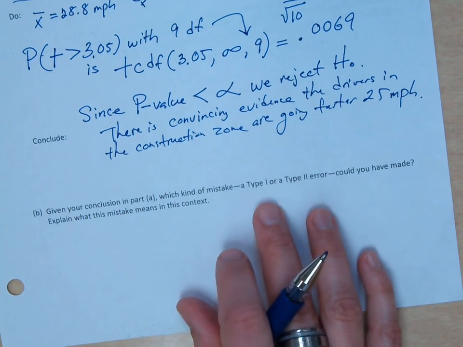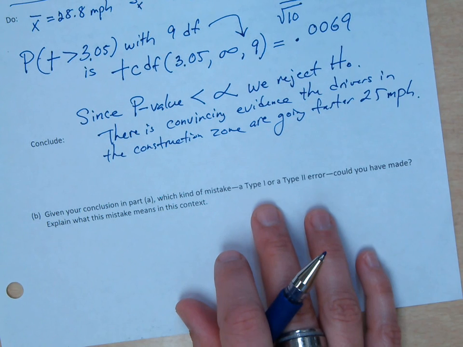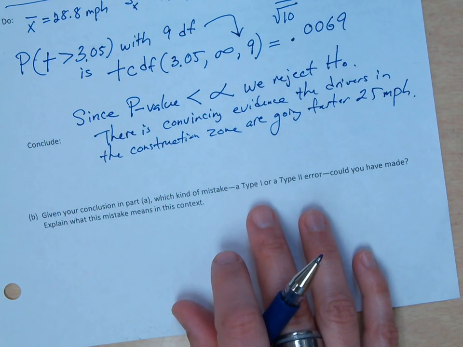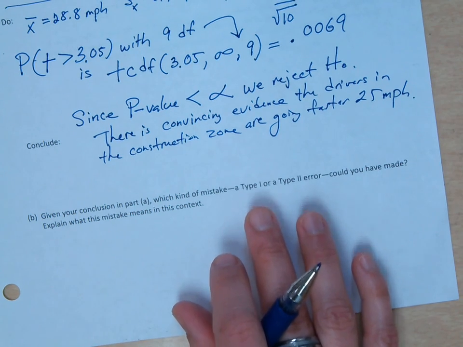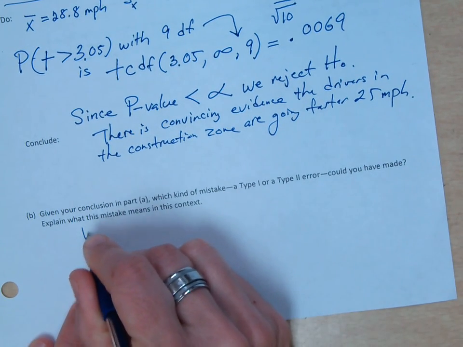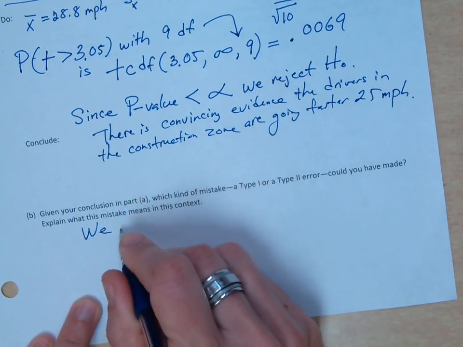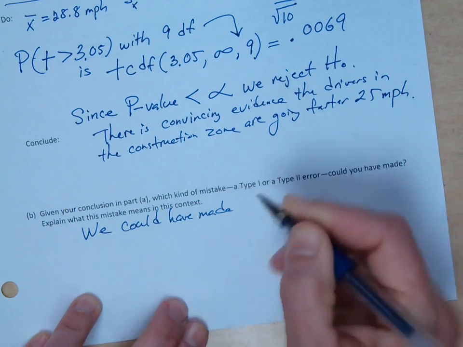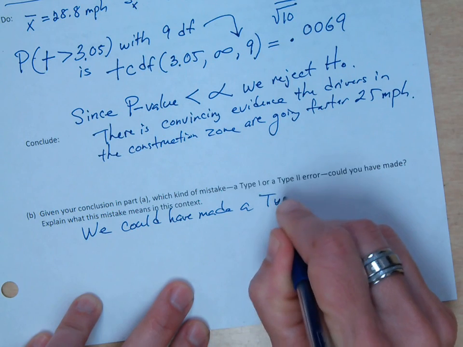So which one is that, type 1 or type 2? Yeah, type 1. So we could have made a type 1 error because we rejected the null hypothesis. And what does that mean?